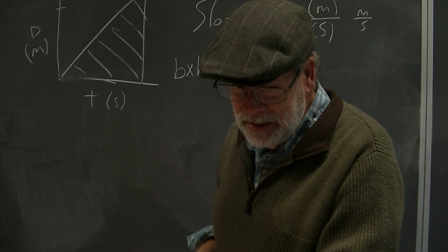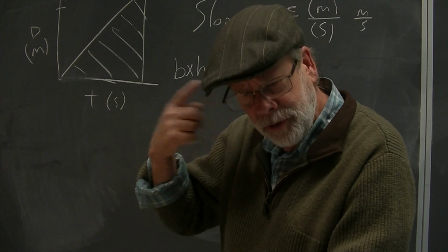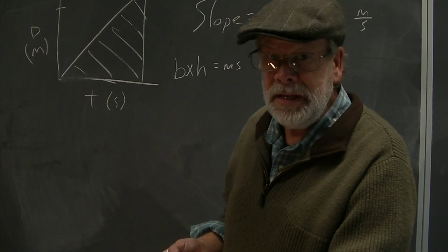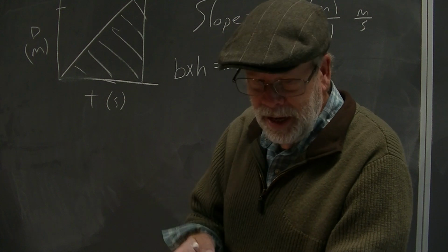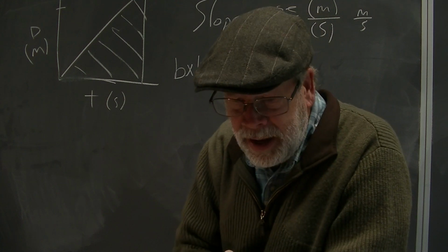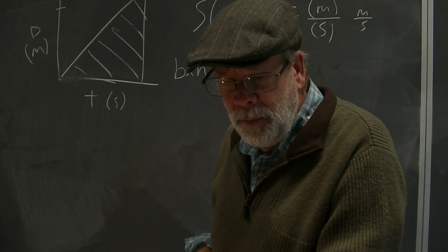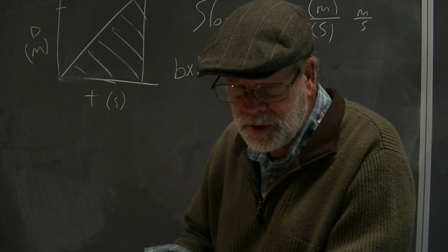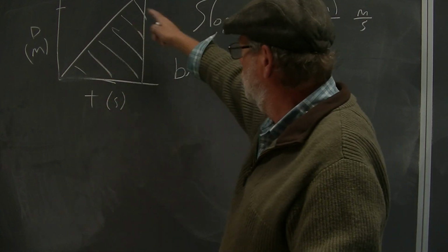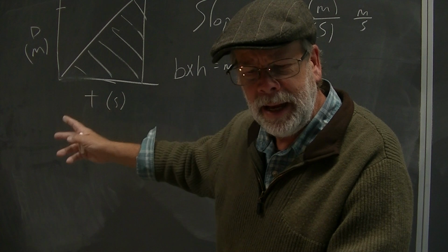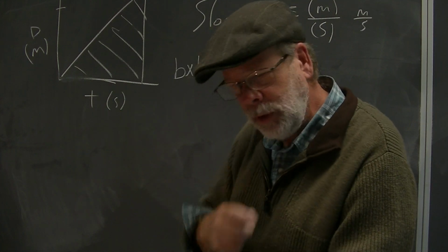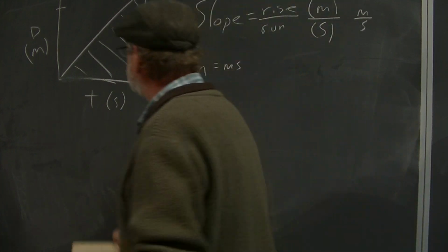If you've memorized this stuff and haven't learned how to figure it out on the fly, this is devastating. But if you've learned how to figure it out on the fly, 5 years from now you won't have any trouble with it. You use the units to figure out what meaning it has. So we'll continue on graphs and look at that with the same idea for the next one.